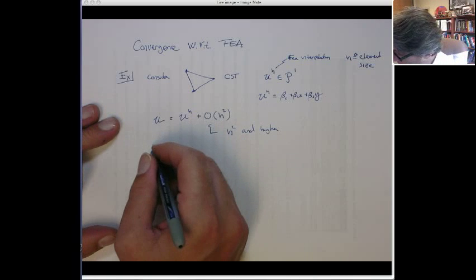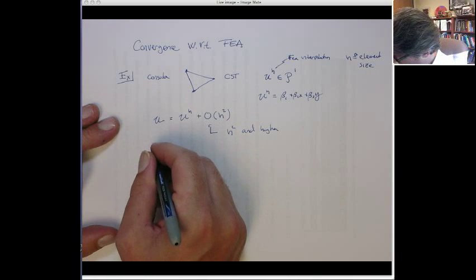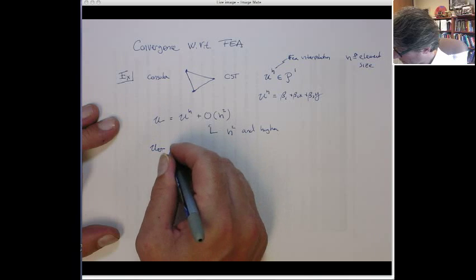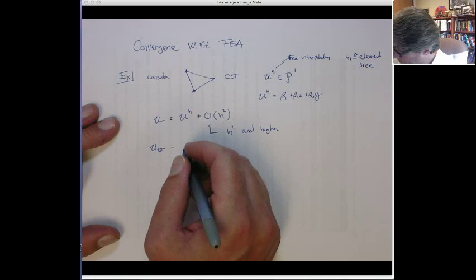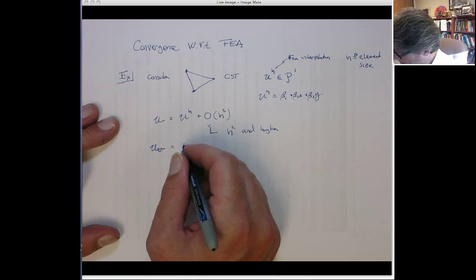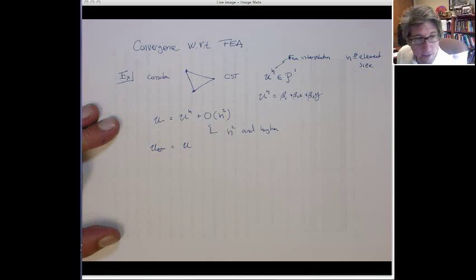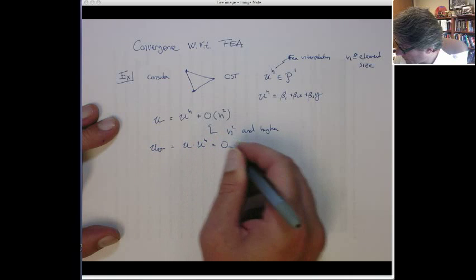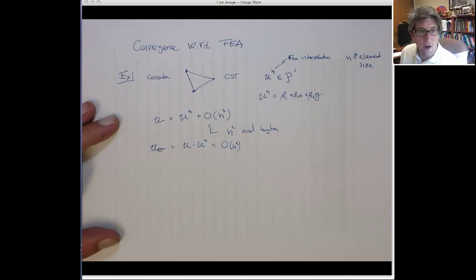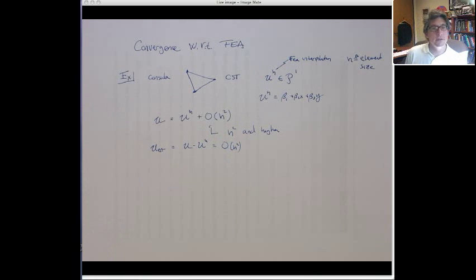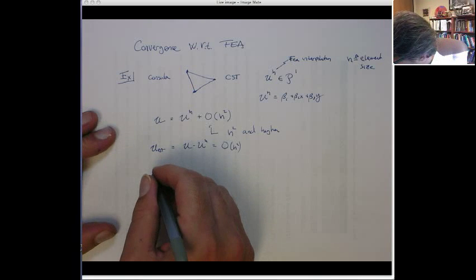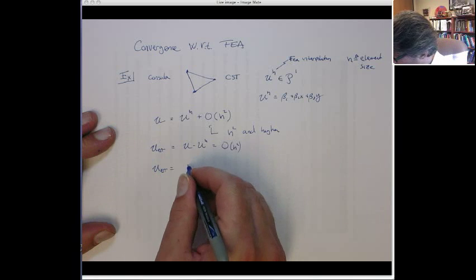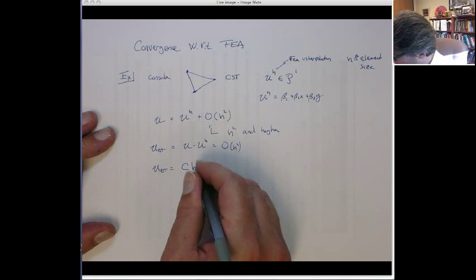So the displacement error, the error in u, is actually equal to the actual displacement minus the approximation. And you can see that's just going to give me terms that are on the order of h squared. So the error in the displacement, we can write that as something like some constant times h squared.